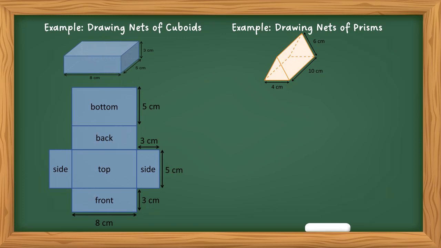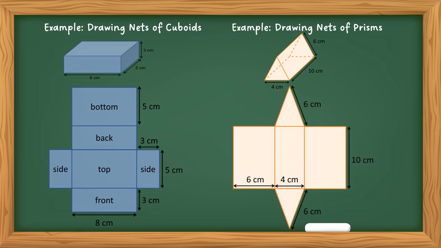You flatten it out, work out the area of each face separately, and add them together. And here's the net of a triangular prism. When you open that up flat, you can see it has three sides and two ends. If you had to work out the area of that, you would follow the rules that you were taught in your area and volume session.